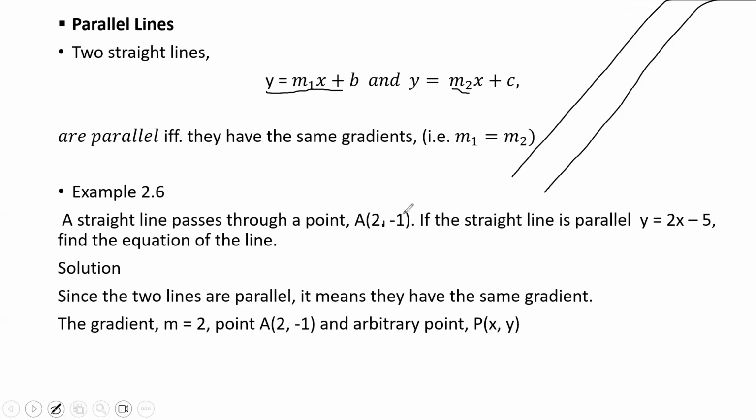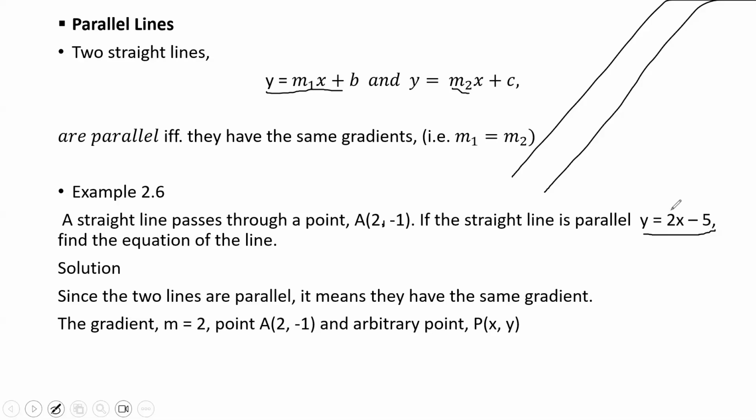But the other thing that we know is that this line is also parallel to a given line, and that line is y equal to 2x minus 5. So if they are parallel, then they have the same gradient. So let me use the gradient of this line. What is the gradient here? 2. So therefore, the line that you are now going to find also has a gradient of 2 because they are parallel.